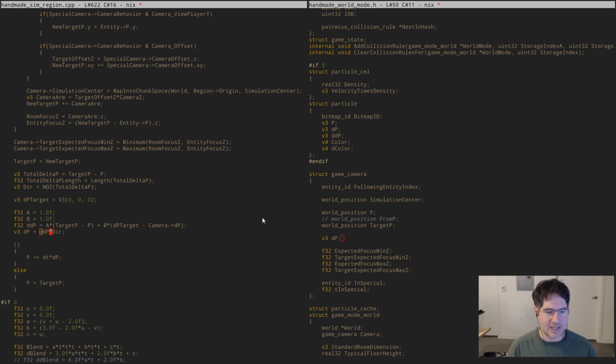So I need to say, look, I'm going to take however much I said I was supposed to change here. Yeah, because this is all in 3 dimensions now, right? So I need to take however much I was supposed to do here. I need to integrate that up. So I need to produce this by multiplying by my dt, and I need to add whatever the old one was. So whatever the camera's dp used to be.